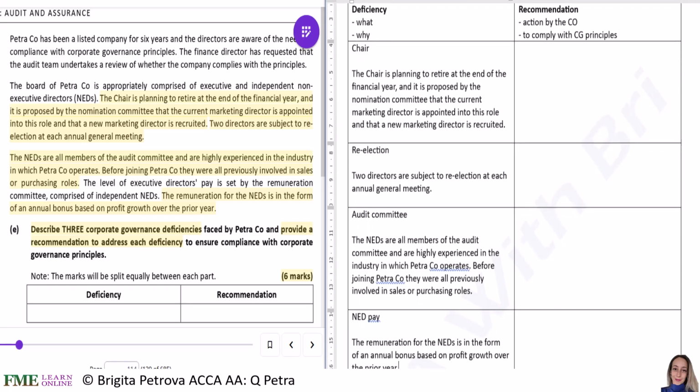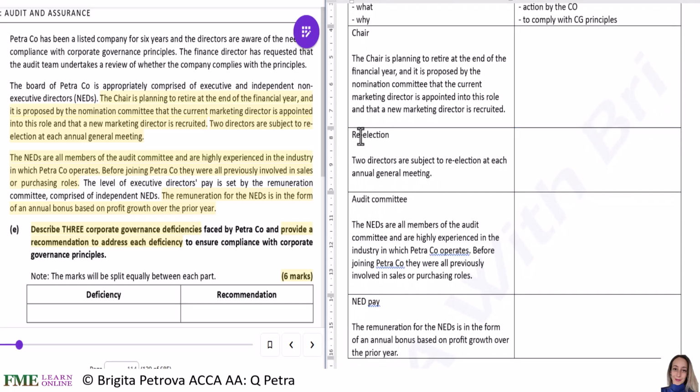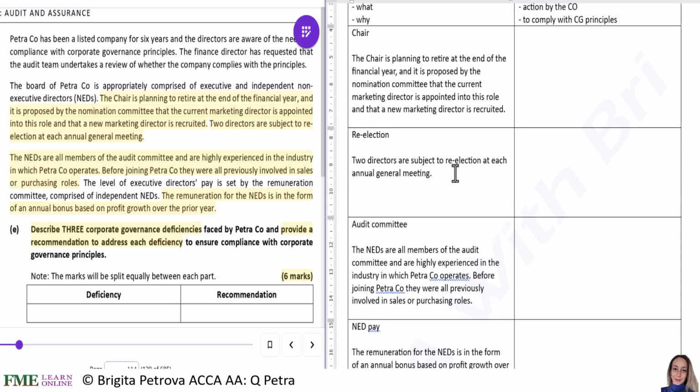So let's see which one is the easiest, and I'm thinking that probably the second one is the easiest, so I'm going to explain this one first. It was that only 2 directors are re-elected, and I need to say why this is bad.